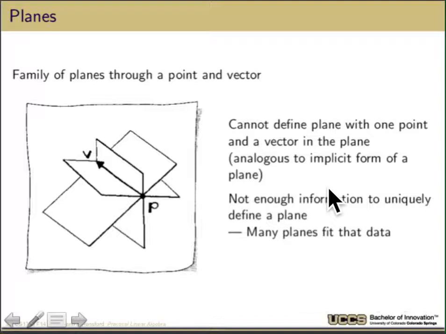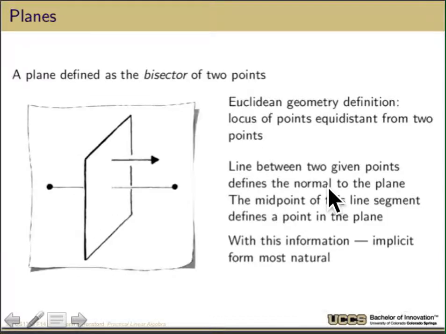There are some properties we can use. We talked about barycentric coordinates before, and in fact the middle point is sort of useful. It turns out that if I have 2 points, there is a way of getting a plane, or a family of planes, out of those 2 points. If I take 2 points, I can define the bisector of those 2 points as the plane that is halfway between them in barycentric coordinates.